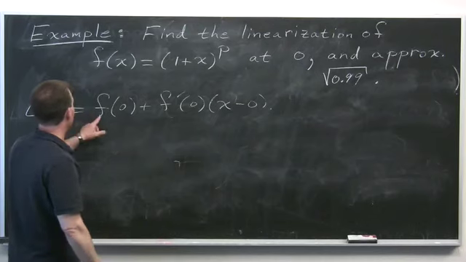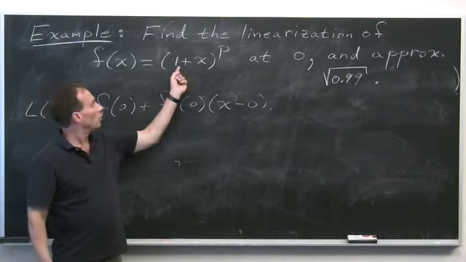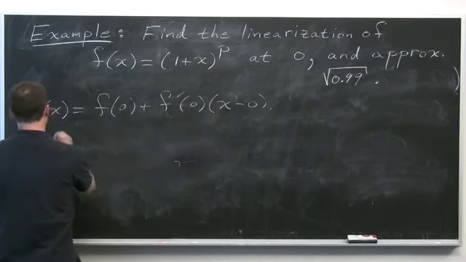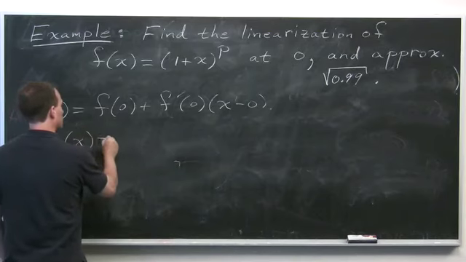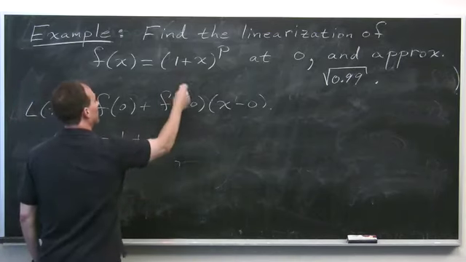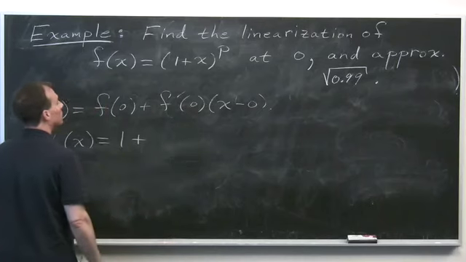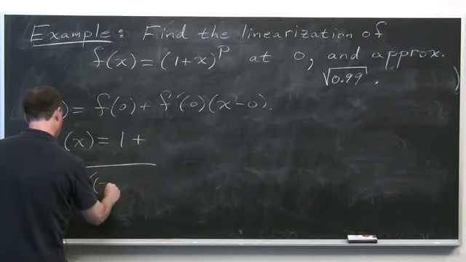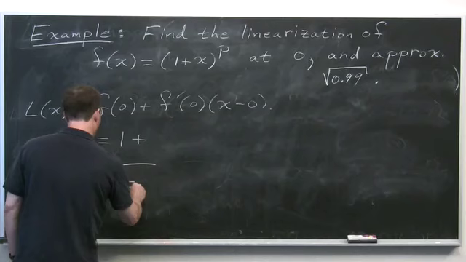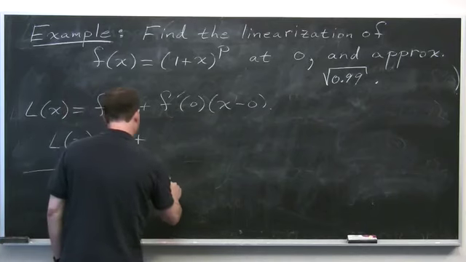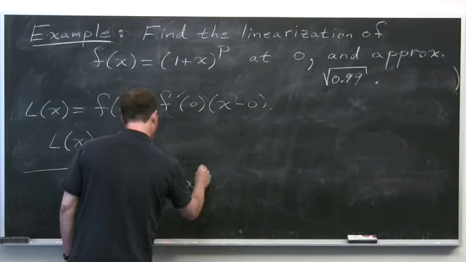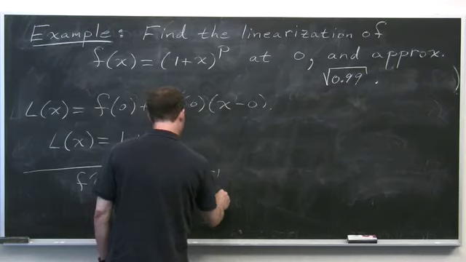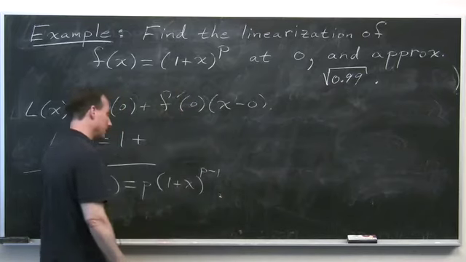Okay, f of 0 is 1 plus 0 to the p, 1 to the anything, it's 1. So we get L of x is 1 plus, and we need f prime evaluated at 0. F prime of x is, use the power rule, bring the p down, and subtract 1 from the exponent. And then by the chain rule, you have to multiply times the derivative of the stuff inside, but that's just a 1.